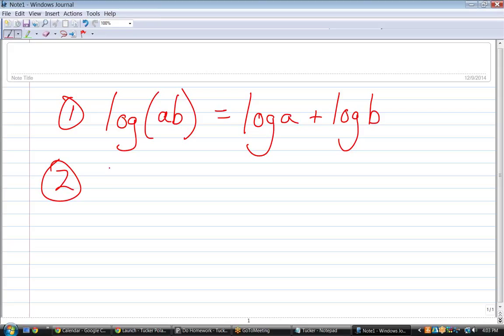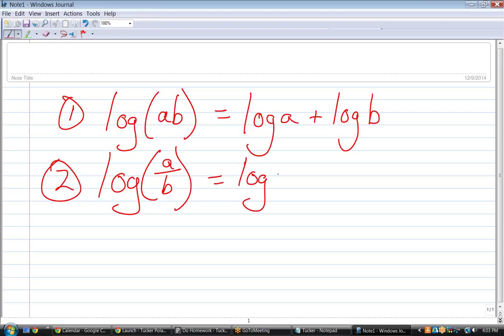All right. When you take the log of two things that are being multiplied, you add the logs of each. If you take the log of two things that are being divided, you subtract the logs. It's much like exponents. You're always doing one level less.